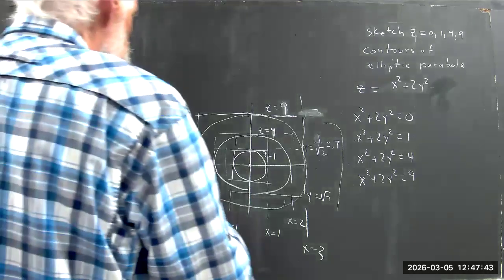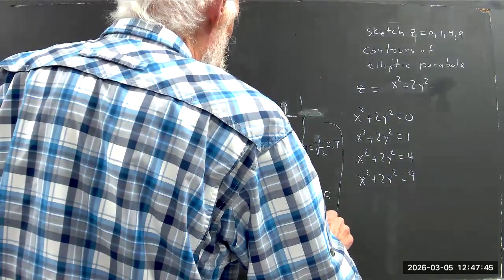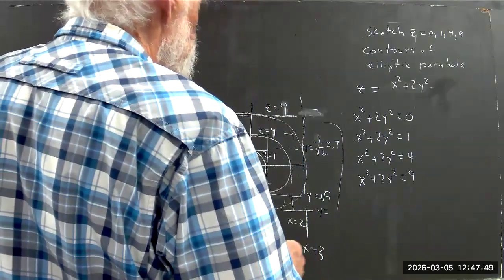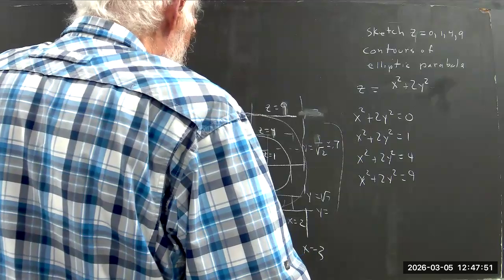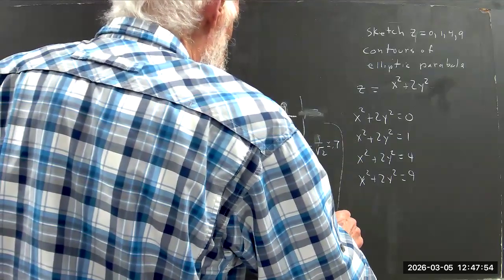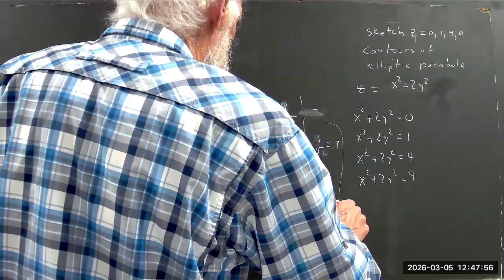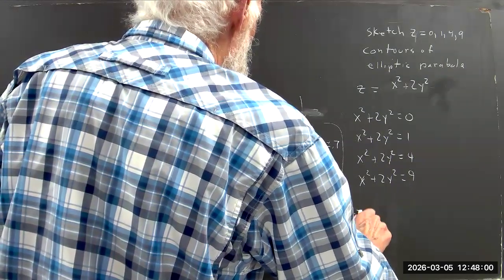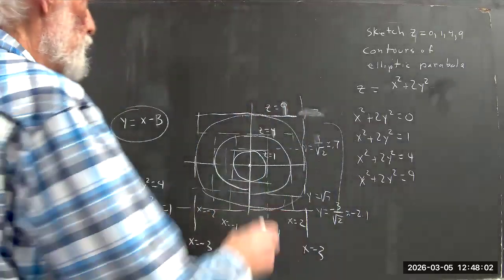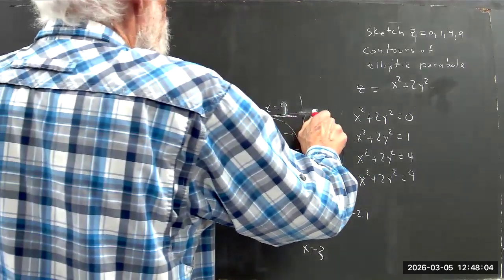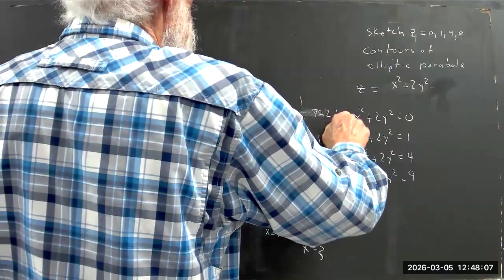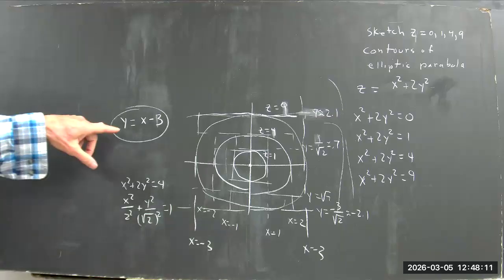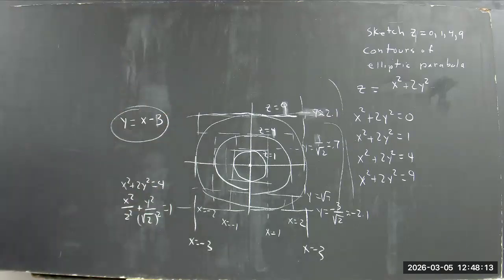And this line might be y equals about negative 2.1 here. Y is about 2.1 here. That's its information. Where is the line y equals x minus 3 going to go on this picture?